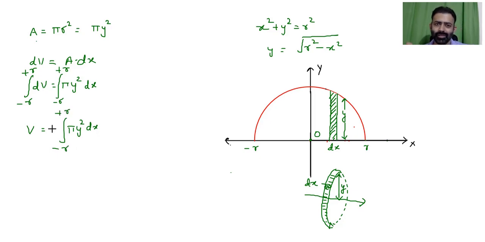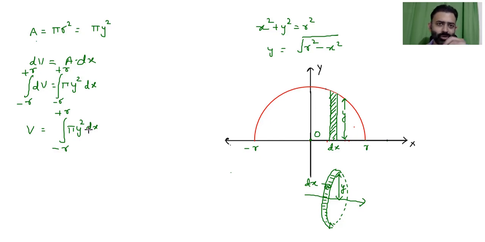Now I know the value of y, and these limits should be between minus r to plus r because y is a function of x. We are integrating this vertical strip, and we are moving this horizontally, so limits will be of x. So x will move from minus r to plus r.